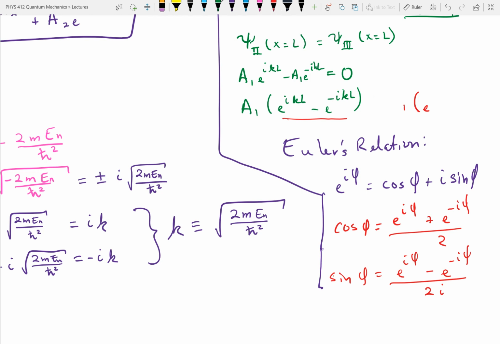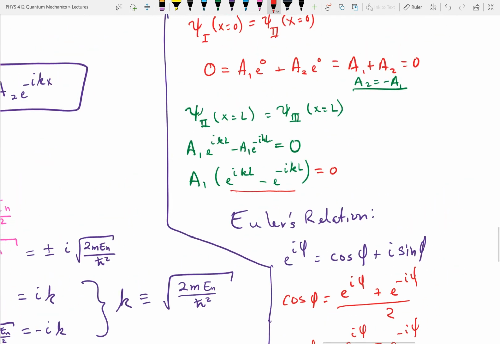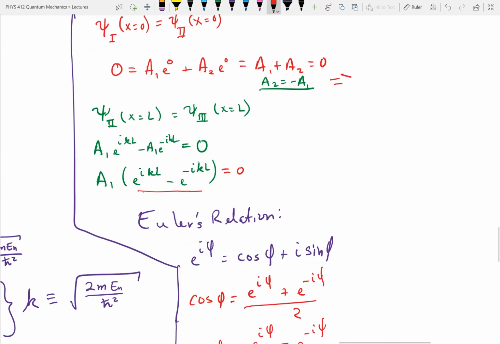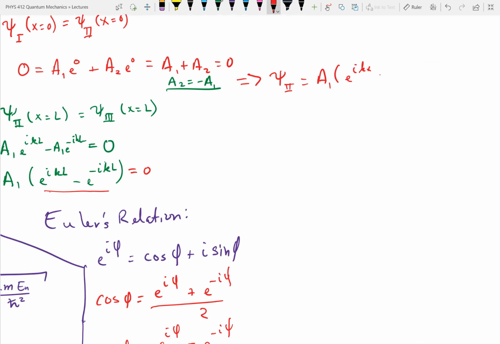Well, actually, I need to back up a step before I do this. I'm going to make my substitution here just so we can see that's the general wave equation now.